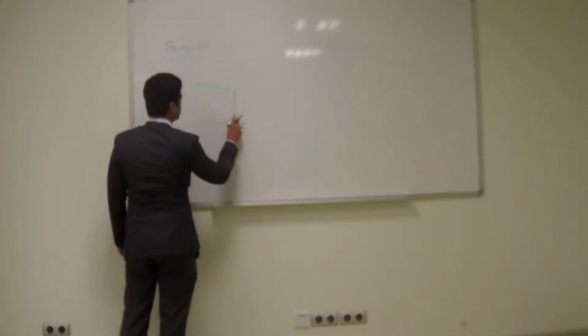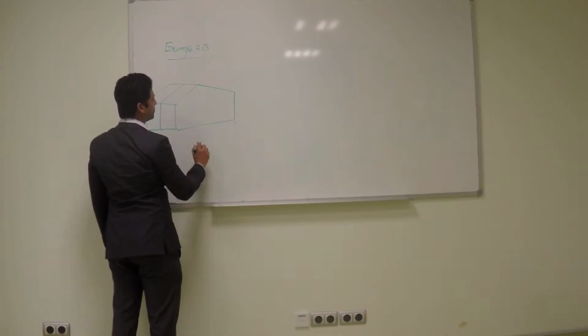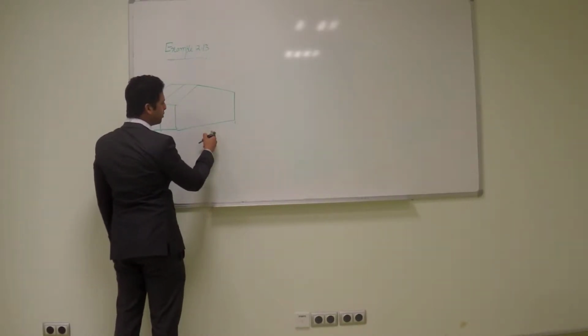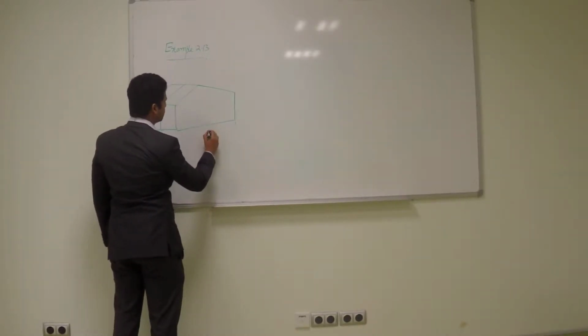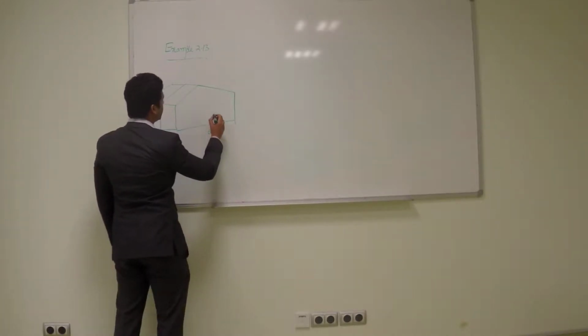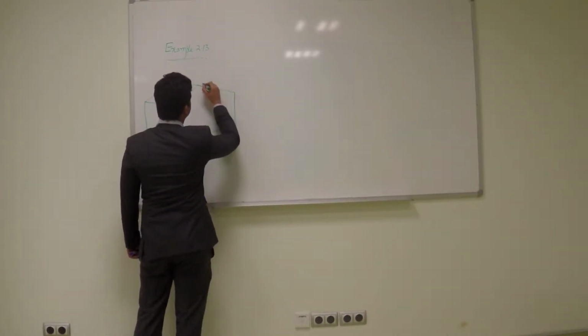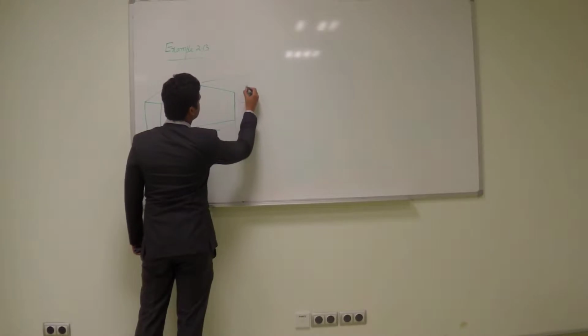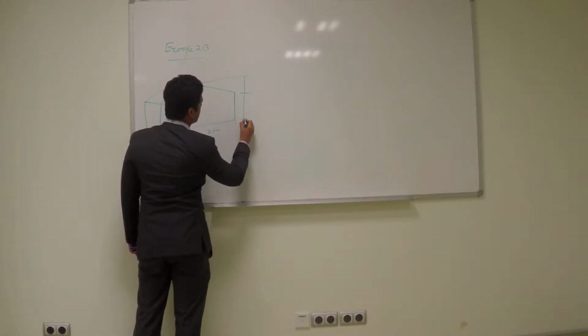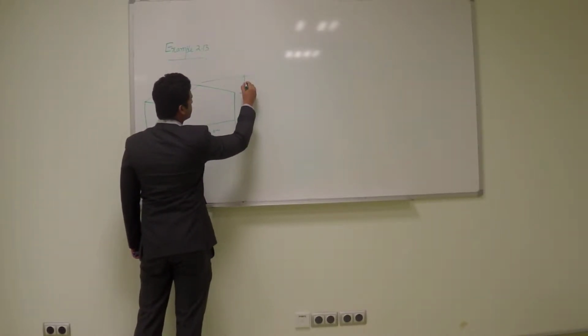How much is this width? 6 meters. You want to keep the same or you want to change it? The same. And the height is, how much is the height? 3, so 6.3 meters.